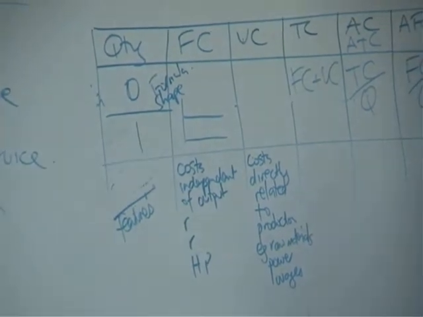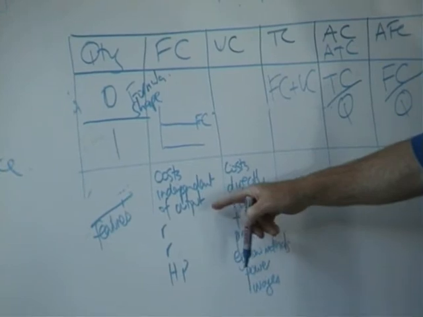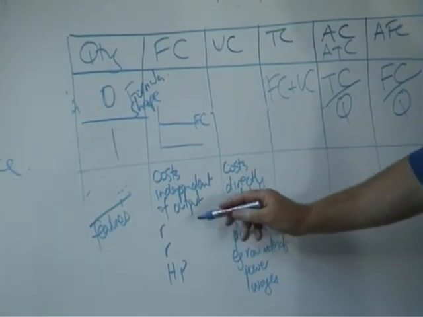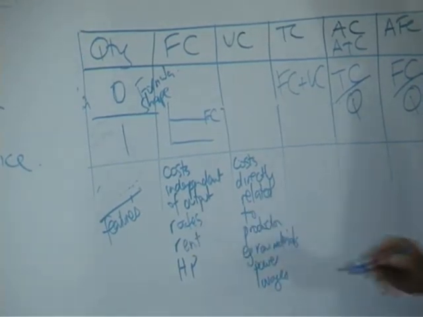Looking at the way that they are drawn, our fixed costs, they're independent of output, so it would be drawn as a line like that, with an FC there. Costs that don't change as your output changes, things like rates and your rent that are fixed.